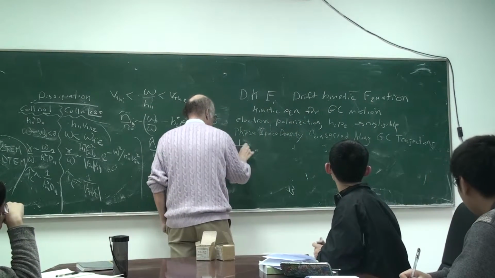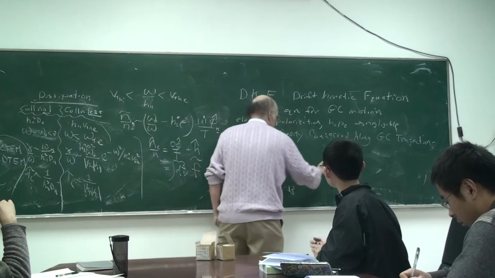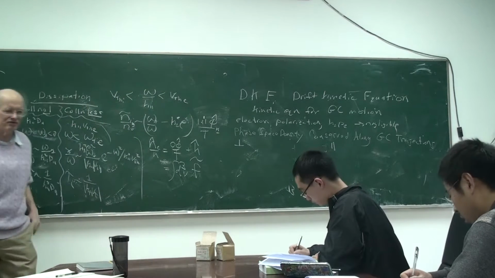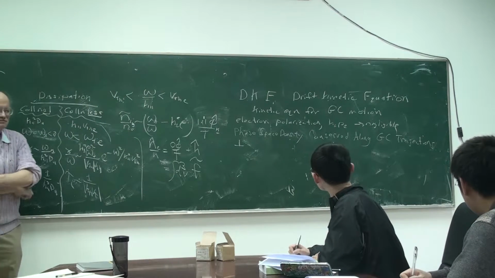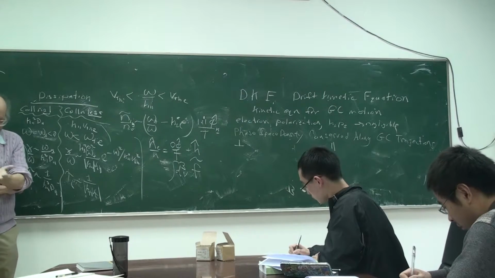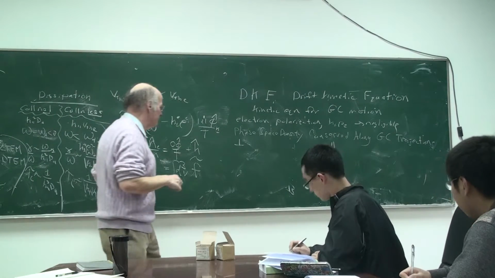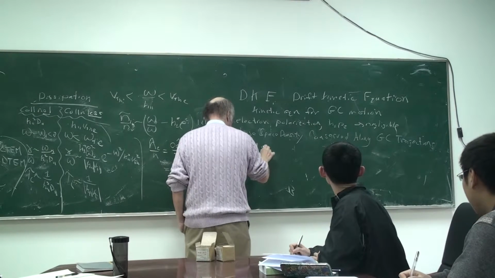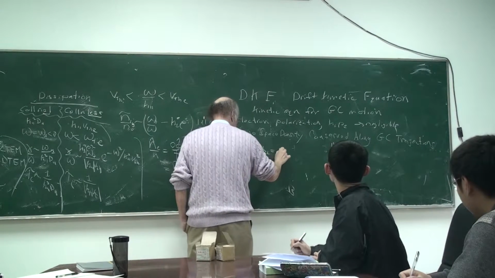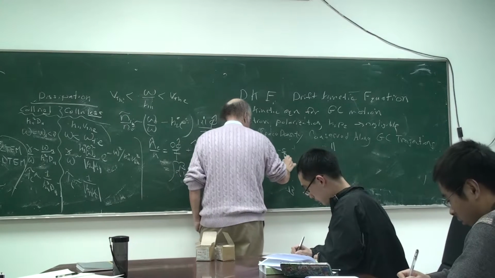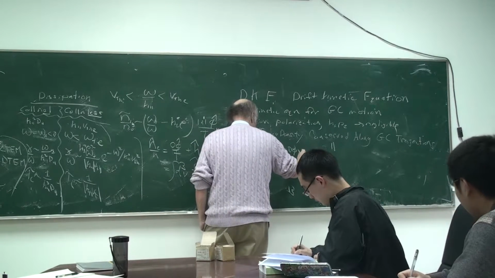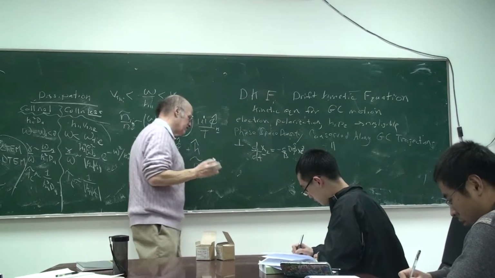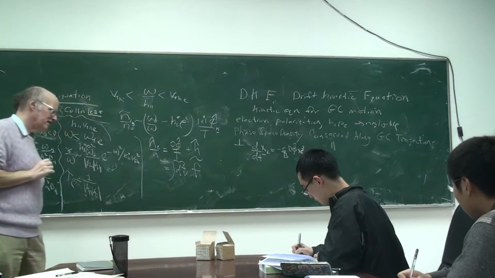There's motion both across the field and along the field. What's the motion across the field for the electrons? E cross B drift, right? So d by dt of x perp is equal to minus c over B grad phi cross z. I'm making it real easy, a straight field, nothing fancy, okay?